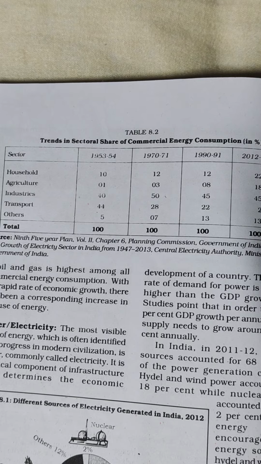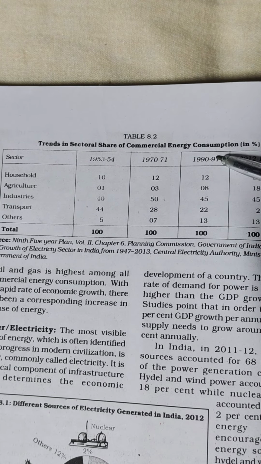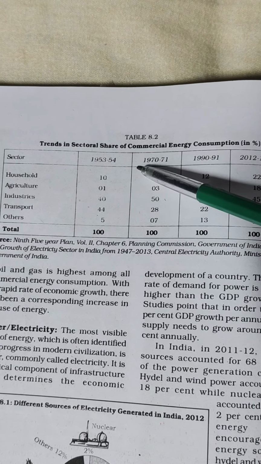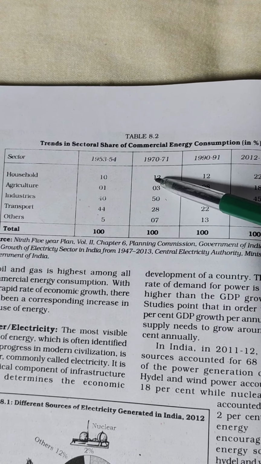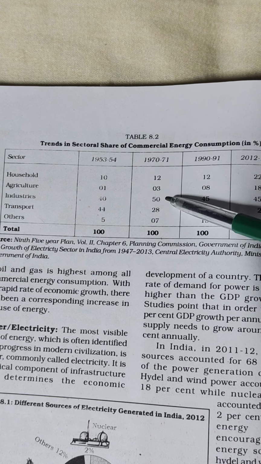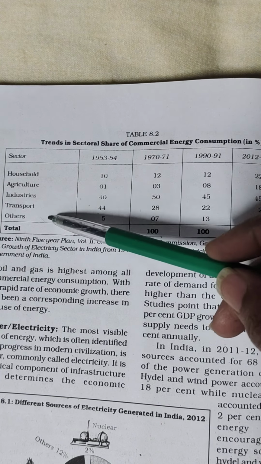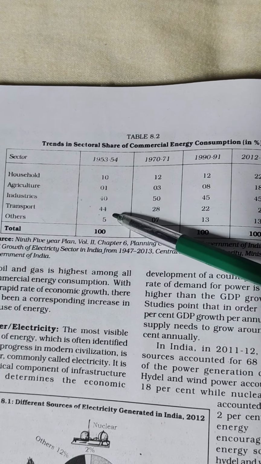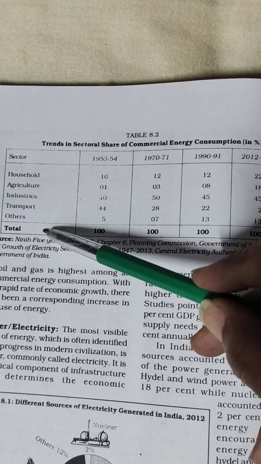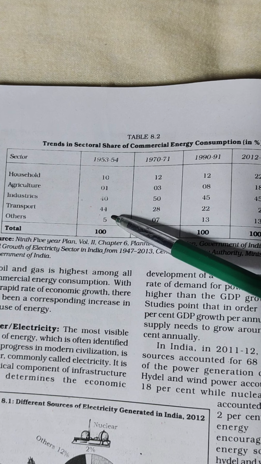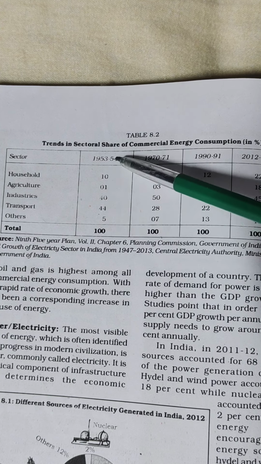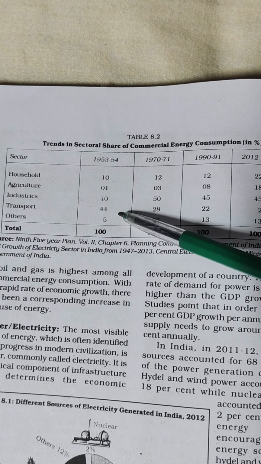Okay. Now let us study this table 8.2, in which the trends, the sectoral pattern of consumption of commercial energy is given. Now look at the transport sector. Transport sector was the largest consumer of commercial energy in 53-54.